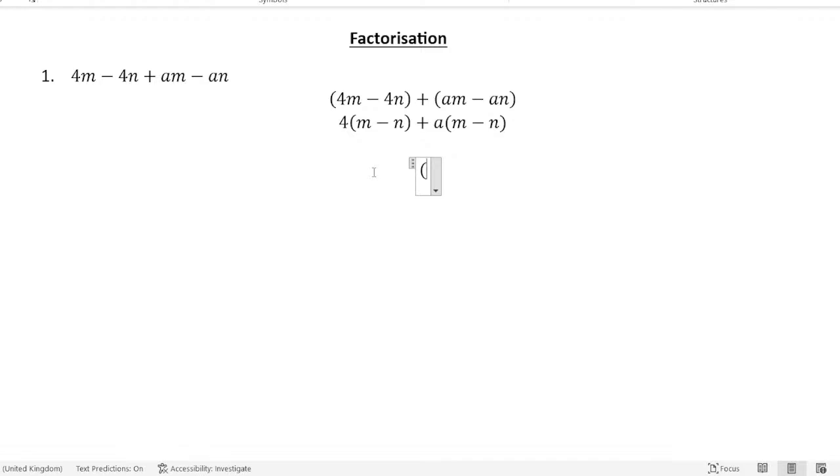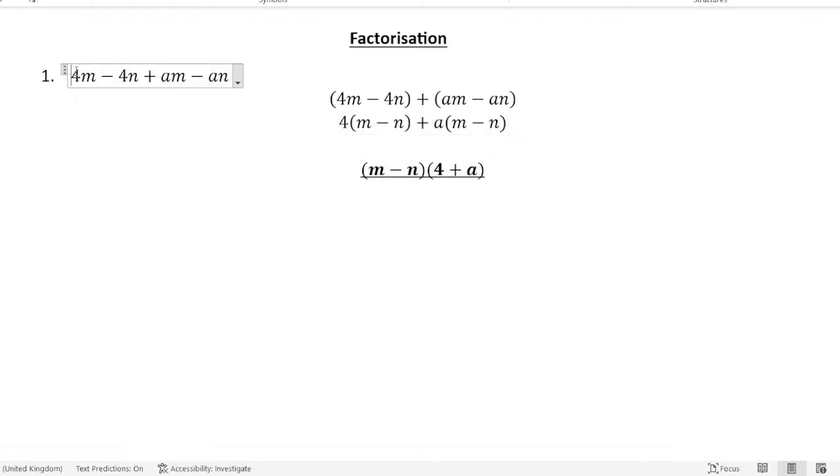Then we're left with 4 here, plus, we're left with a on this side. So we have fully factorized this expression.